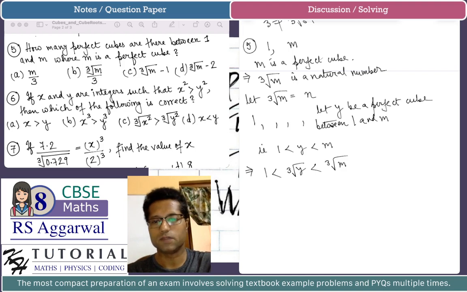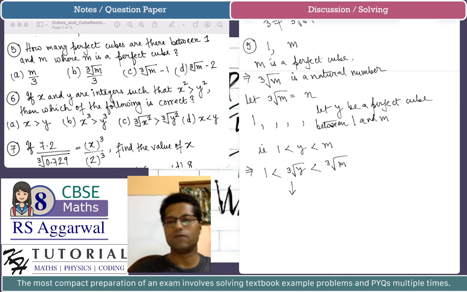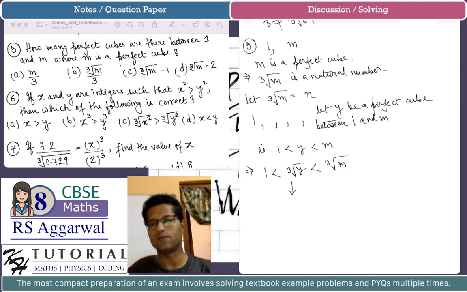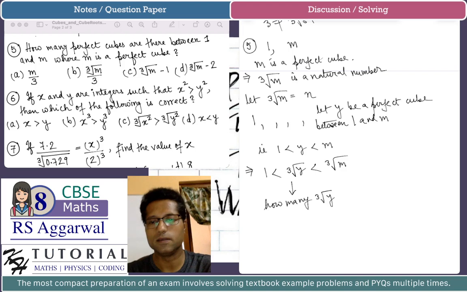So now we have to find how many cube roots of y can exist.